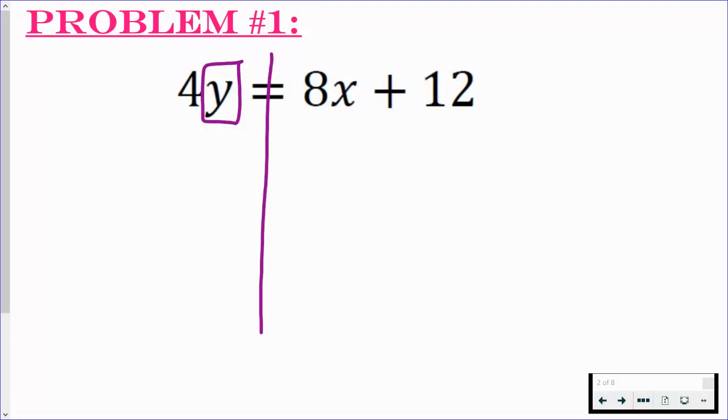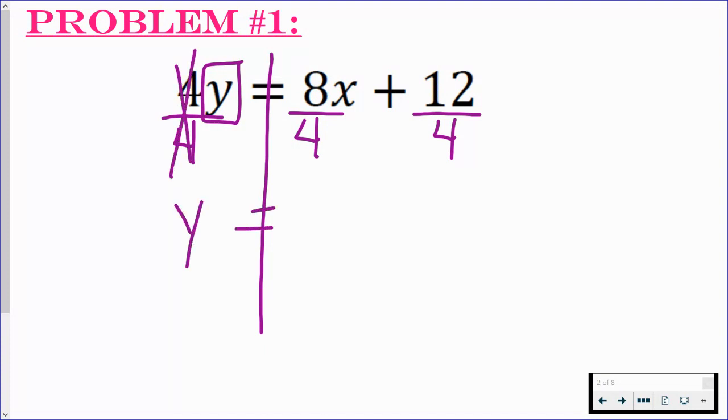Now, I want to get the y by itself, so in order to get the 4 out, anytime it's connected with the y, you want to divide by 4, and you do that to every single term. What that's going to do is cancel this out, leaving you y equals. Now you complete the math on the other side and simplify down anything.